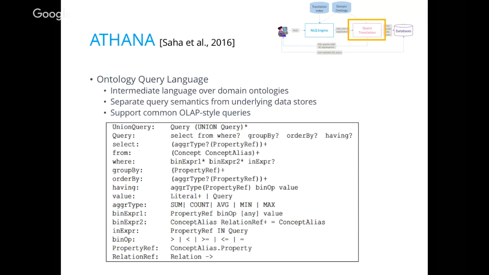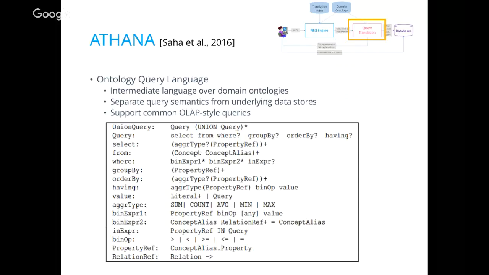So this is an overview of what the current ontology query language supports. In some ways, you can view it as a simplified version of SQL. This greatly reduces the amount of work required by the NLQ system in terms of having to handle the complexity of how the data is actually stored in the corresponding data store.